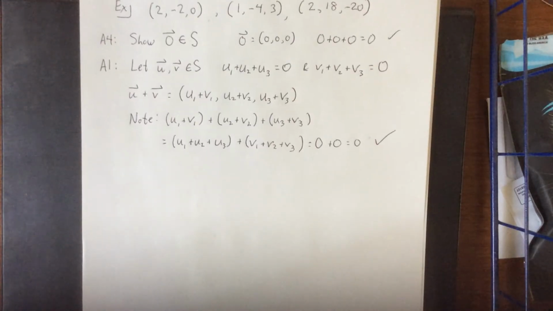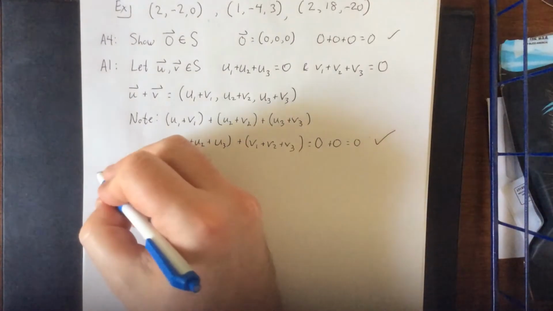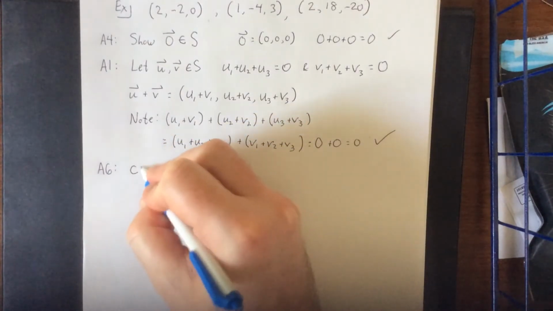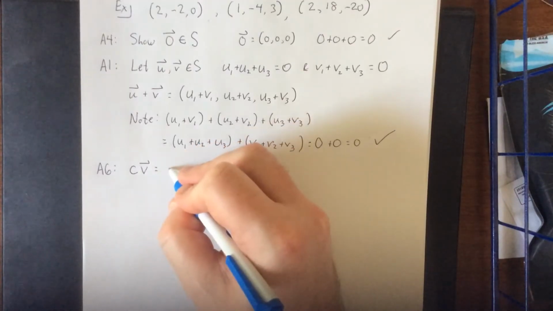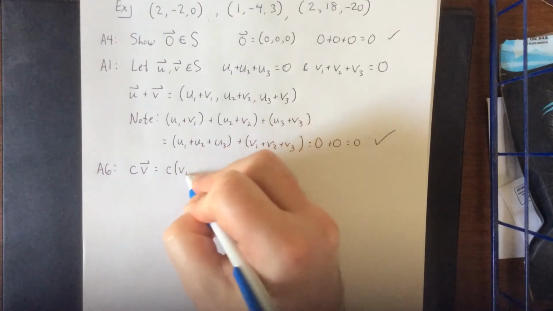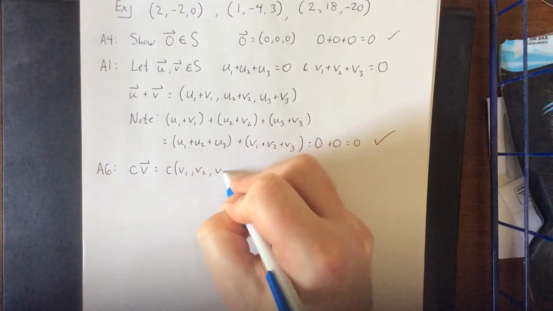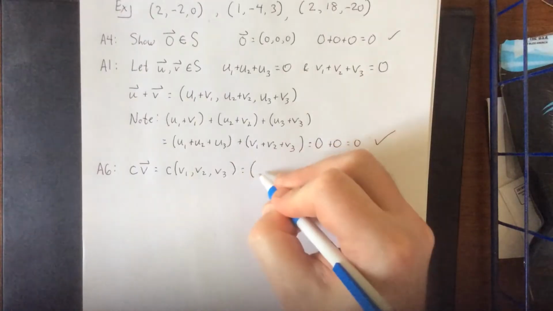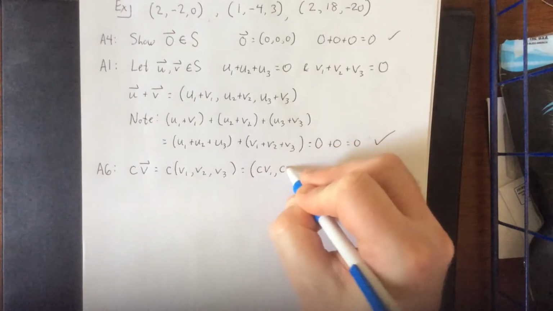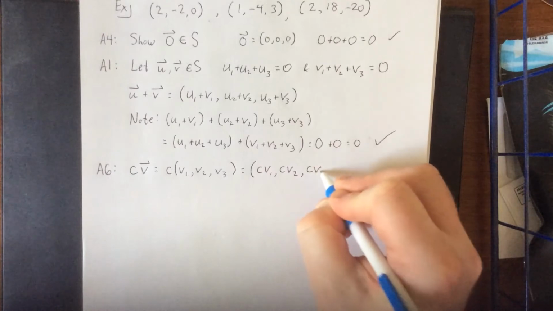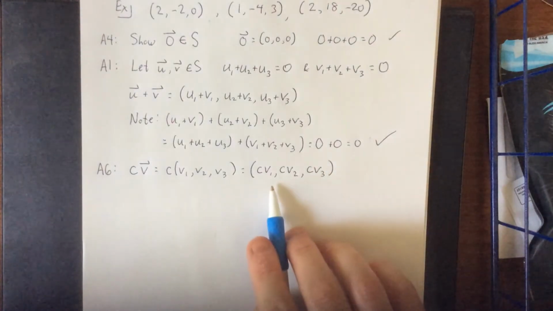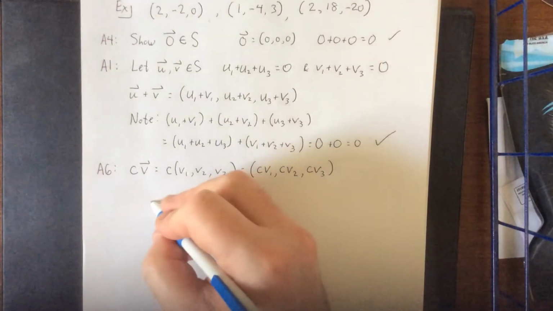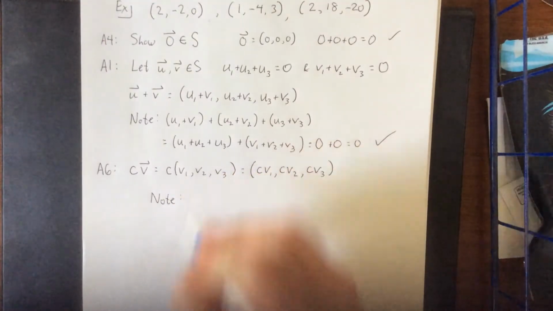Next up, we'll need to show that this is closed under scalar multiplication. So we'll take C times either one of these vectors. We'll do V. So this will be C times the vector V1, V2, V3. And we want to show that the sum of the components of this would be equal to 0 as well. So according to the definition of scalar multiplication in R3, this is going to be C times V1, comma, C times V2, comma, C times V3. Then let's check to see if it satisfies the given property.